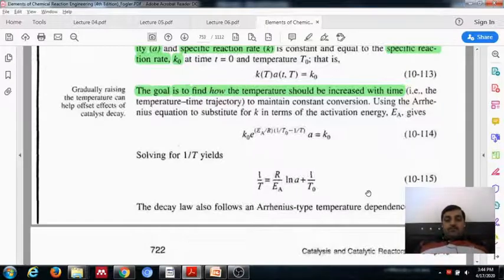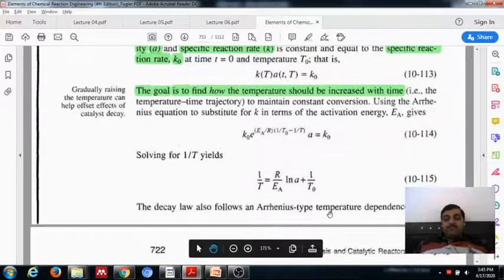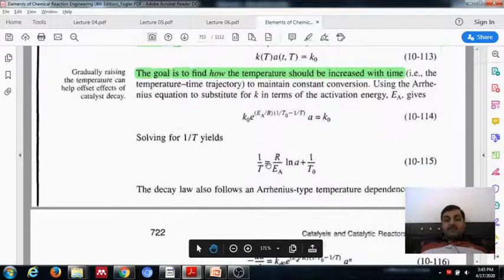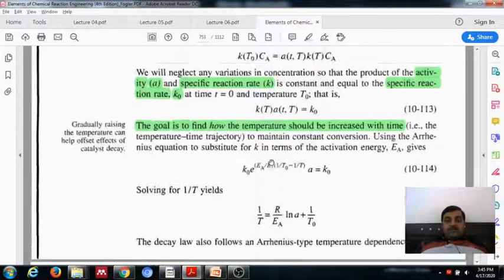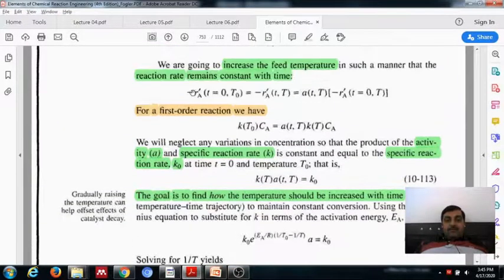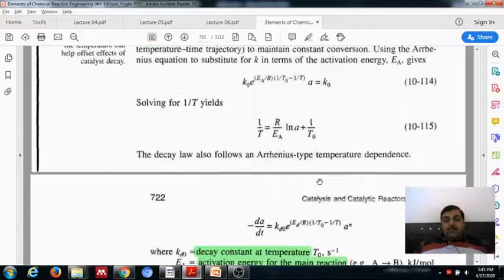So this is also an Arrhenius type of dependence on the temperature. Now this was our first presumption for a first order rate law, where we are comparing our initial rate to the rate at any elevated temperature, both being equal.